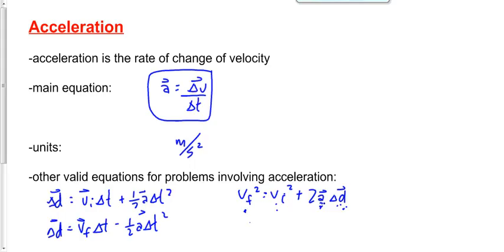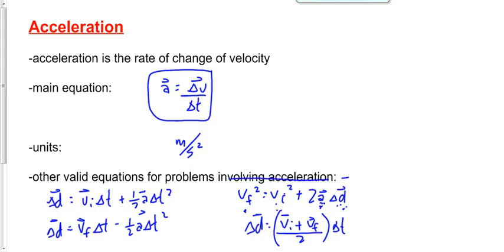Finally, we have one more. Delta D is equal to VI plus VF over 2 times T. And this one's a little bit different because it doesn't even have the term acceleration in there. We use it when we have acceleration, when something is speeding up or slowing down. We just don't know the value of that acceleration, how quickly it's speeding up or slowing down.